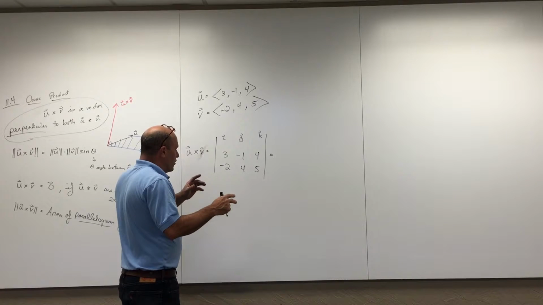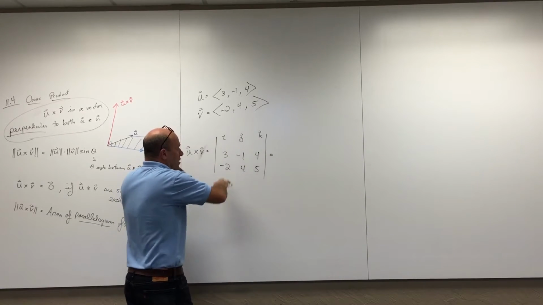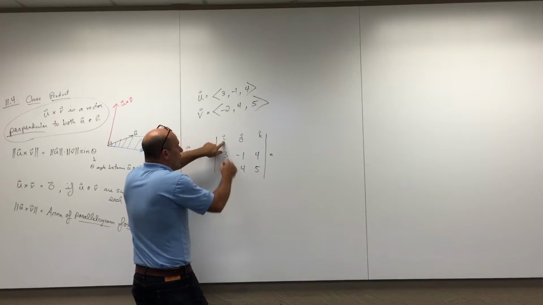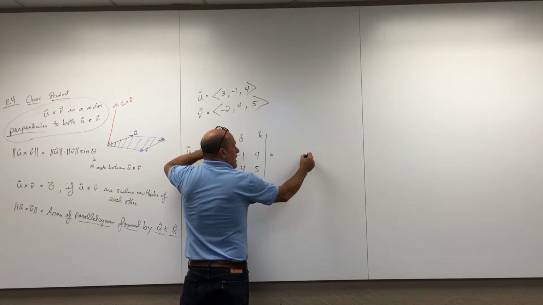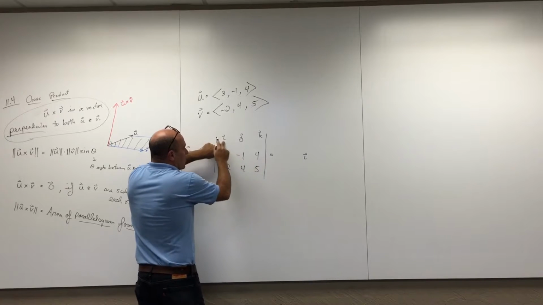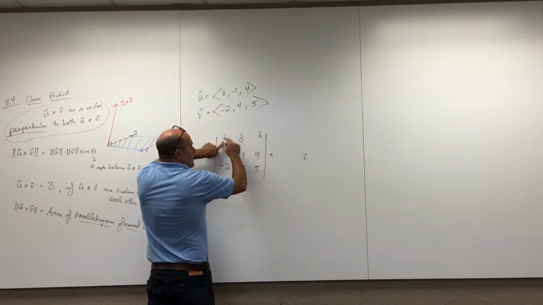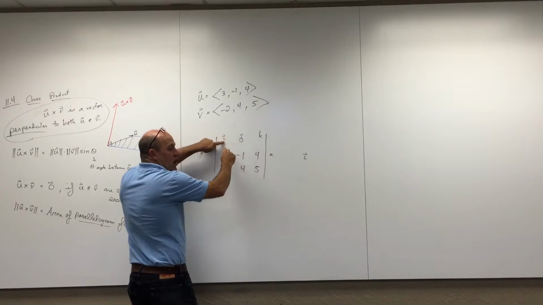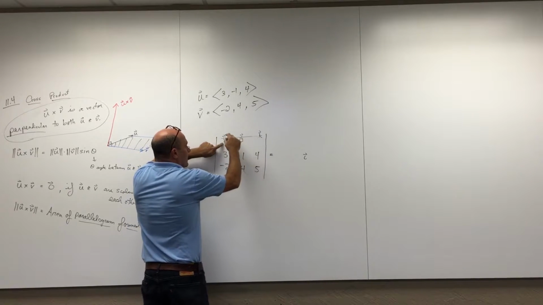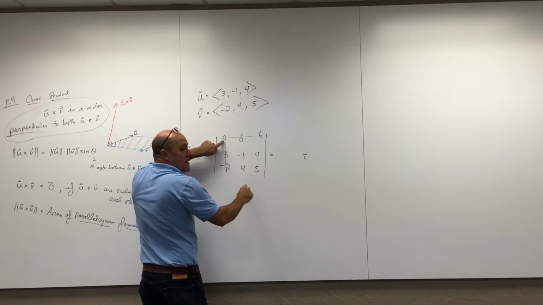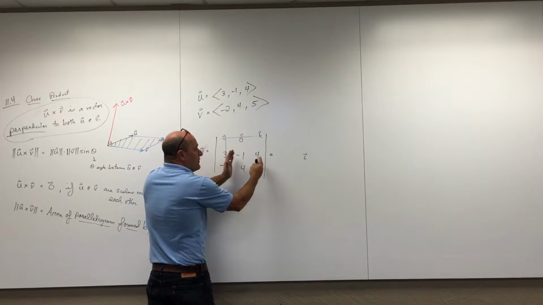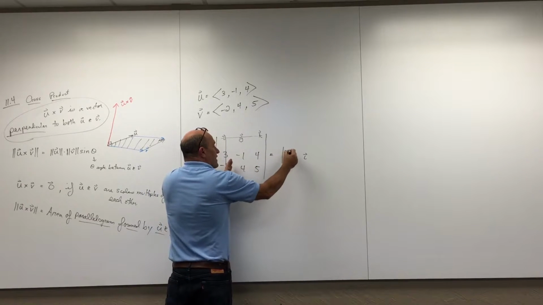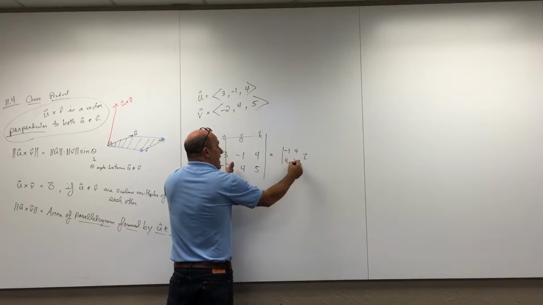Here's what you do. You grab any row or column. I'm going to grab the top row. You grab that element i, and you cross out his row and his column. I'm going to do that. And multiply him by his little cofactor, or his minor determinant, which is this little 2 by 2 determinant, -1, 4, 4, 5.